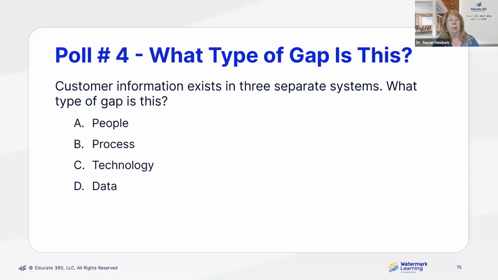So Mariela is going to put poll number 4 out. So we'll see. So customer information exists in 3 separate systems. We talked about that as being a problem, right?